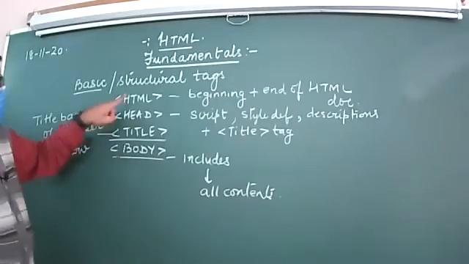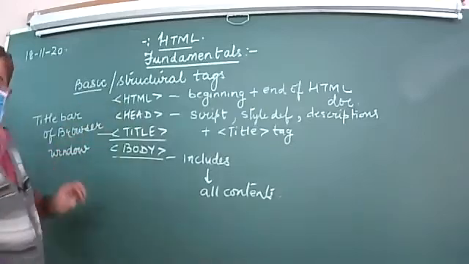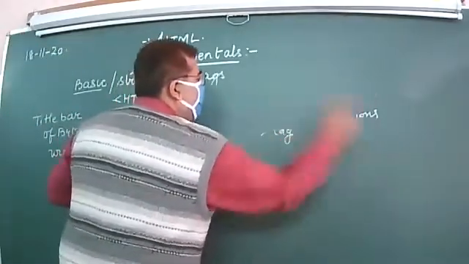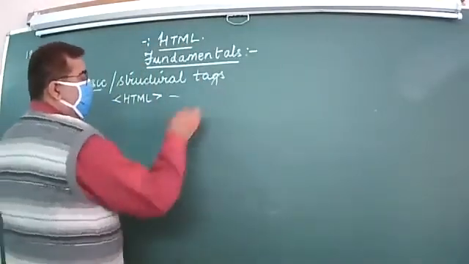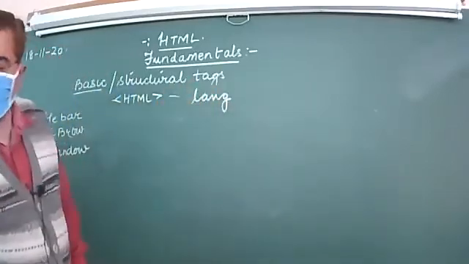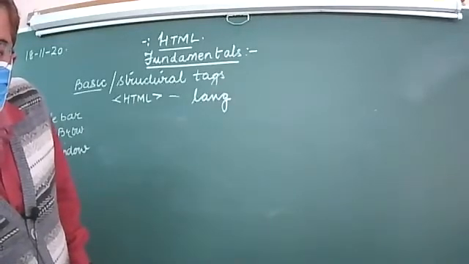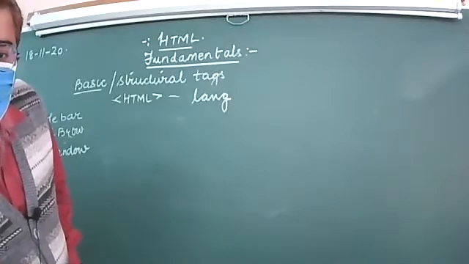HTML tag takes one attribute that is called the language attribute, which is written as lang. The lang stands for language, right? There is also direction, left to right or right to left.